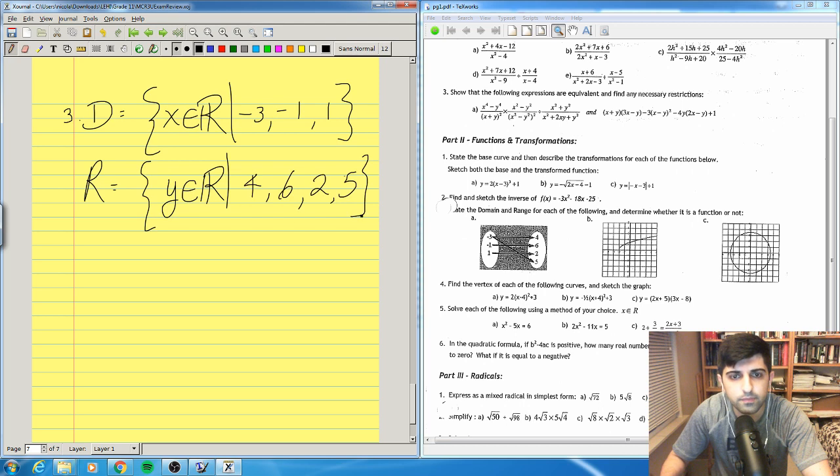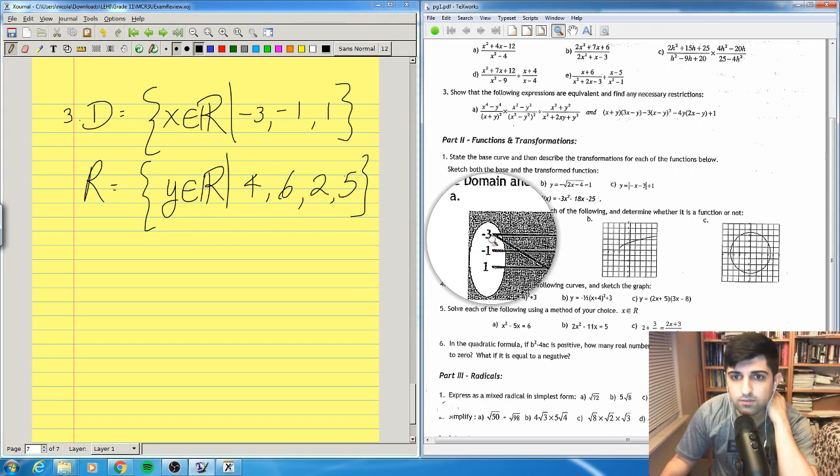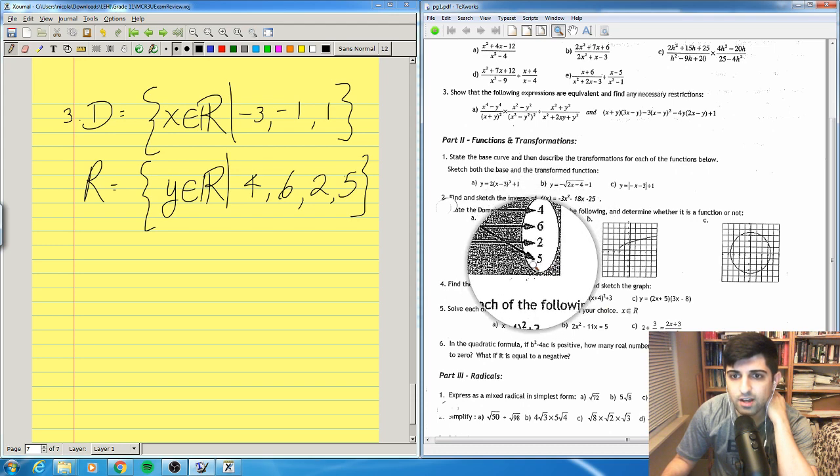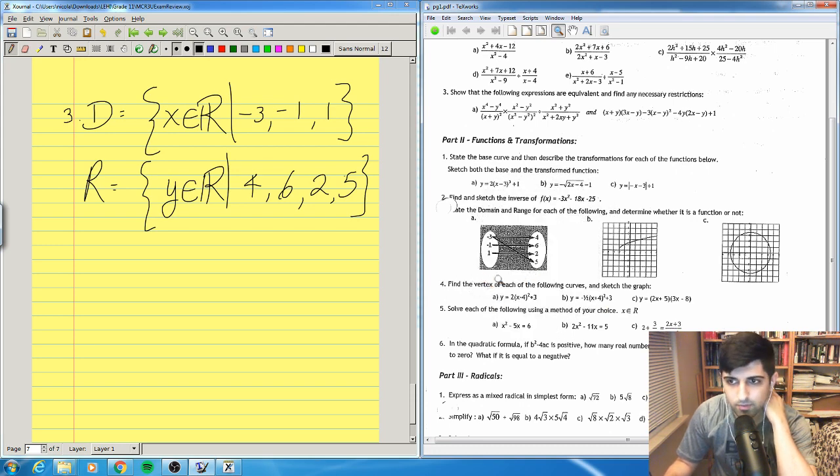Okay. The problem is it's only a function if for every x you only have one y. But the problem is, you see, -3 can give me both 4 and 5, so it's not a function, right?